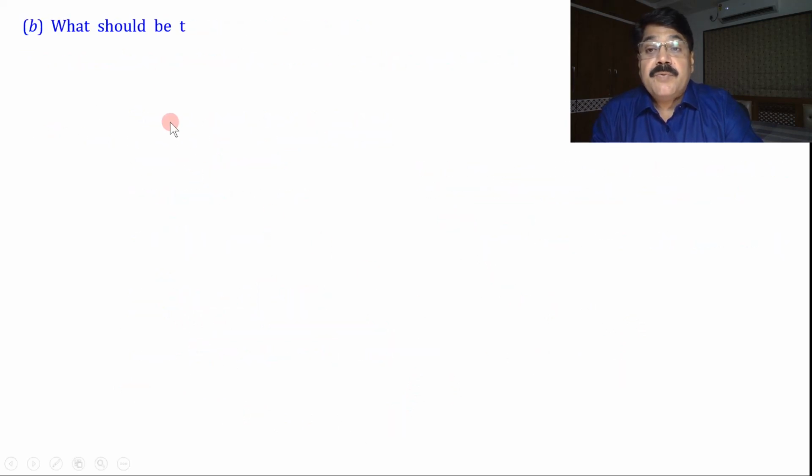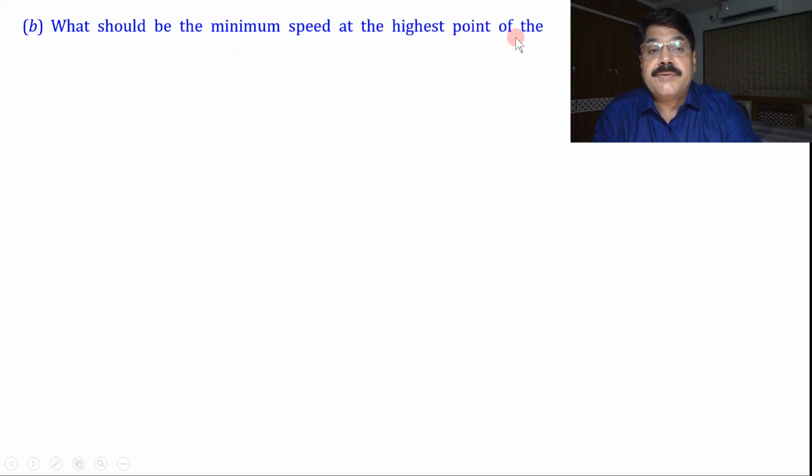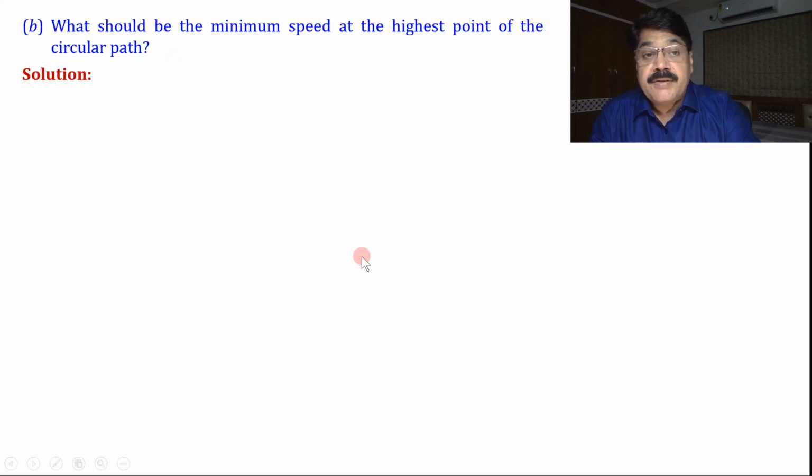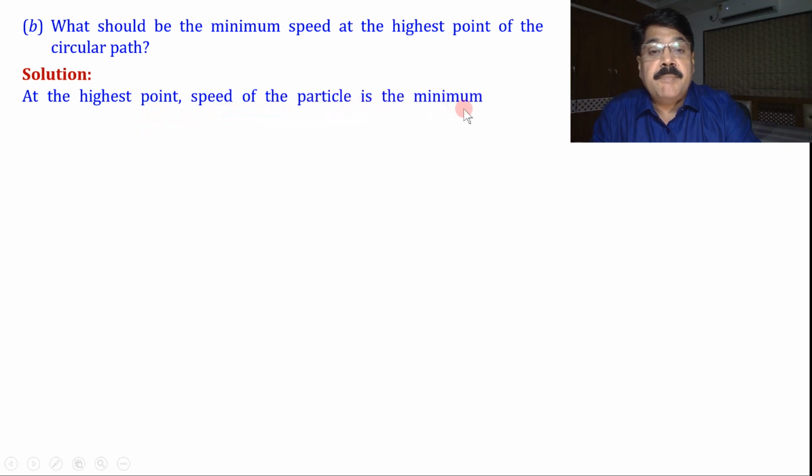B part. What should be the minimum speed at the highest point of the circular path? So for the highest point, let us consider what is happening there. At the highest point, speed of the particle is the minimum one, so tangential acceleration is 0.